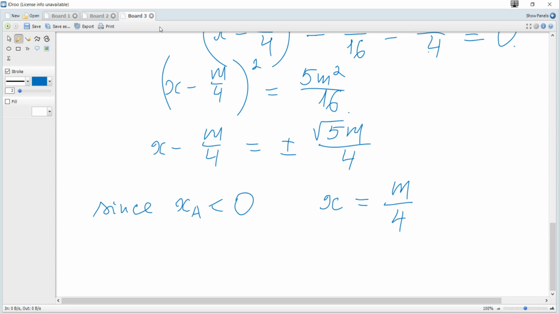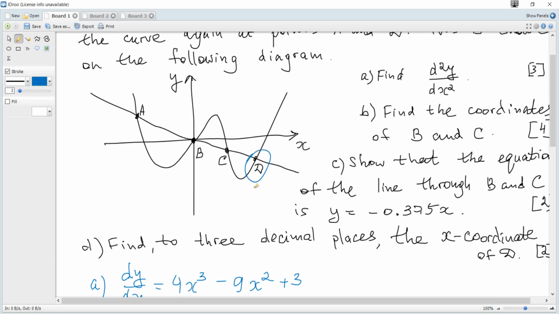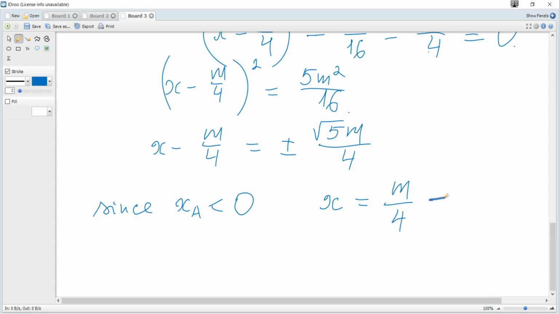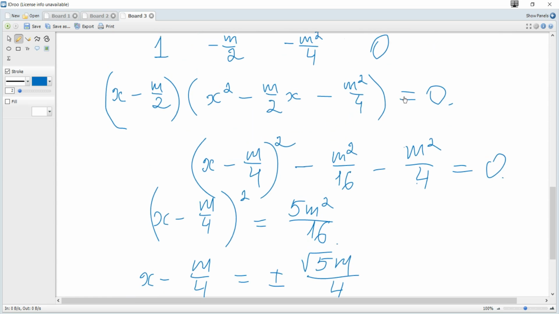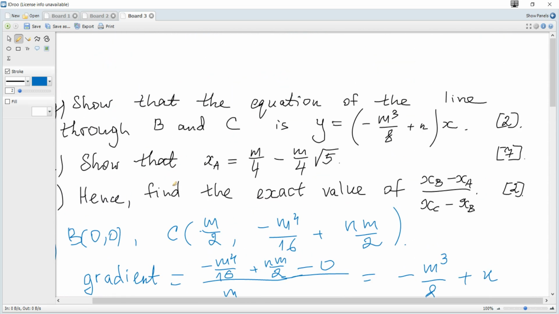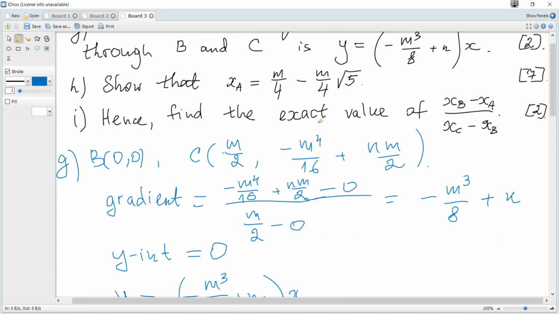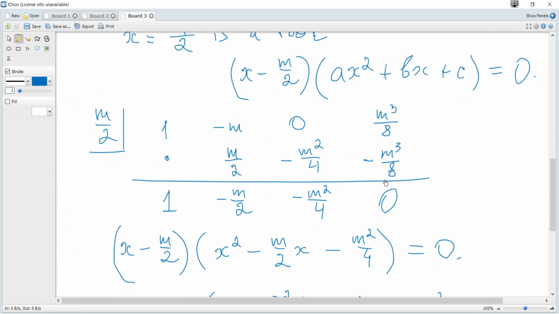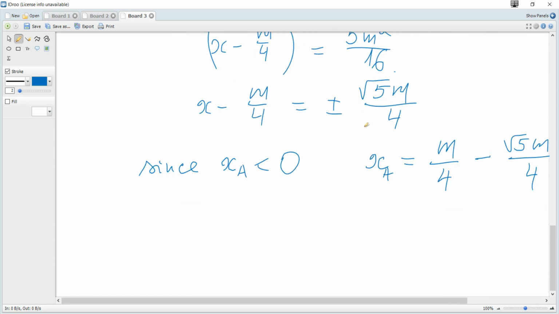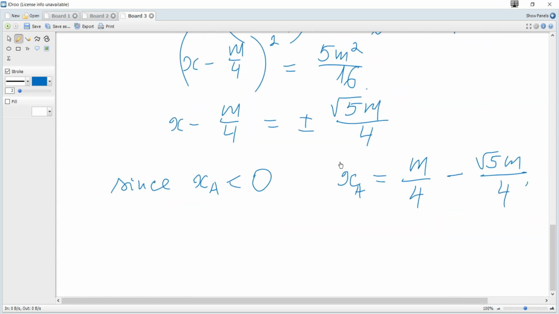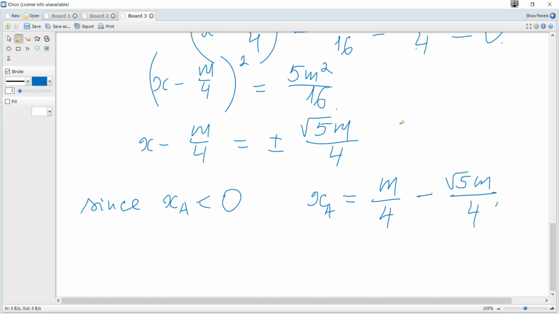If we use plus, we get this point, it's positive, but if you use minus, you get a negative value, and it's the x coordinate of the point A. Actually it's given, yes, so that xa is m over 4 minus m over 4 times root 5. And also it is given that m is positive.